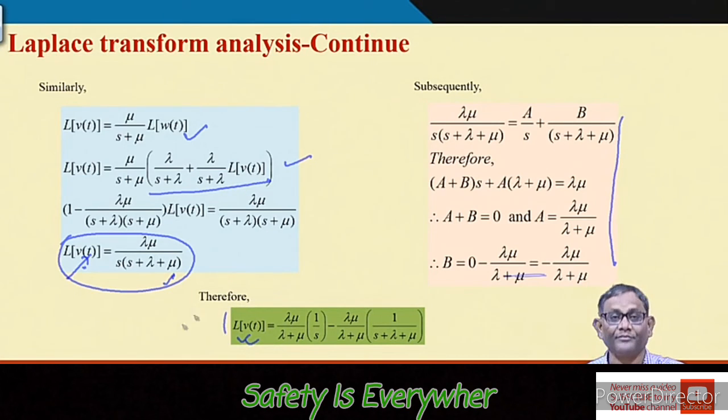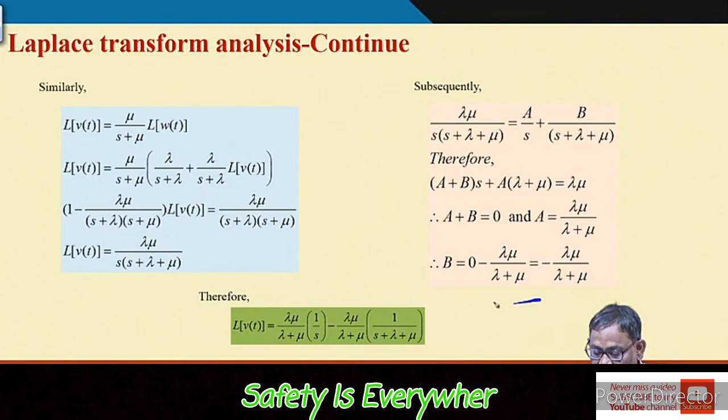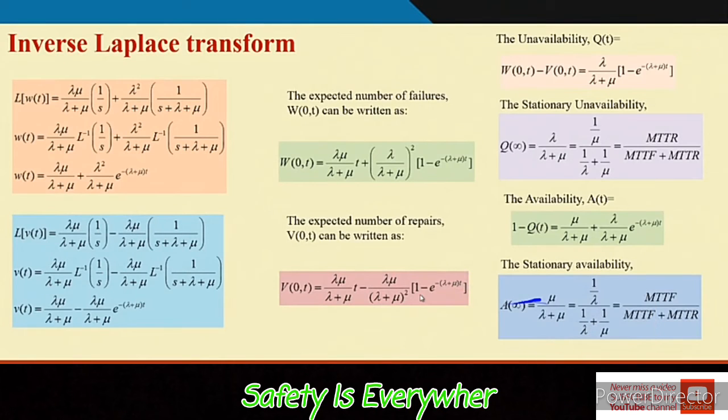So this is the second equation. Now if you take the Laplace inverse here, this will be 1 and this will be e to the power minus (lambda plus mu) into t. So then the resultant equations: one is for W(t), another one is for V(t).